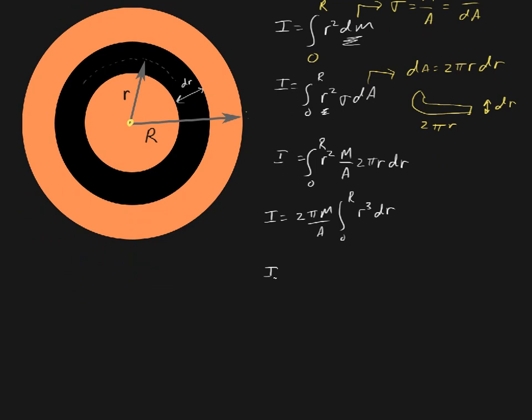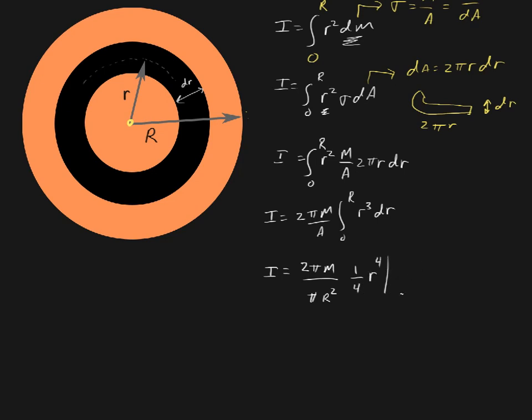So we get I is equal to 2 pi m over, now area is pi r squared, so that's going to be a capital R, because this area is the area that's a constant of the problem, which is the entire circle itself. So this becomes pi capital R squared. And then the integral of r cubed becomes 1/4 r to the fourth.